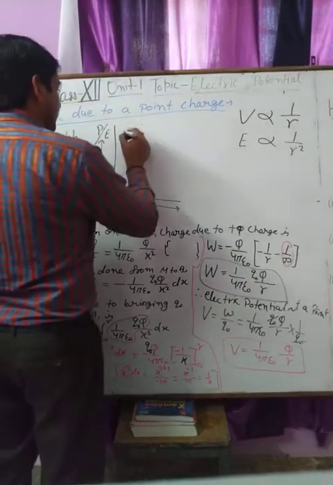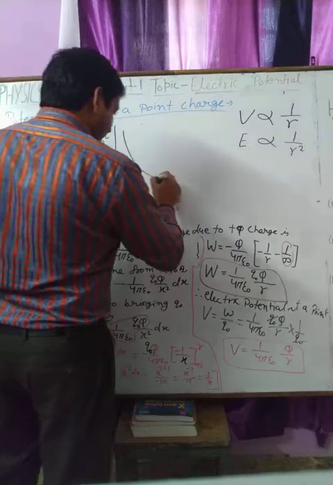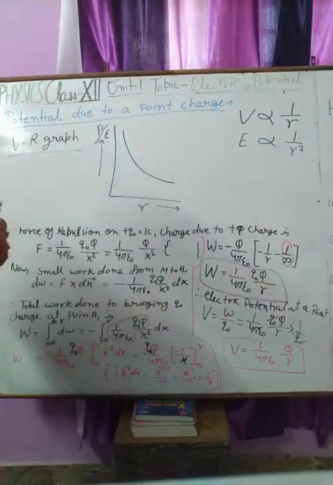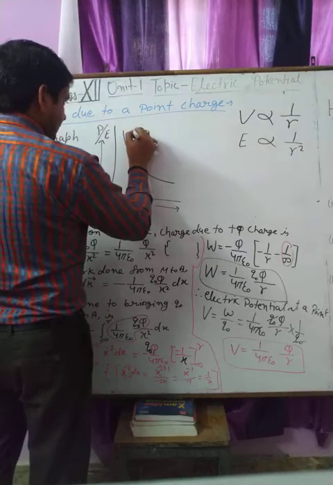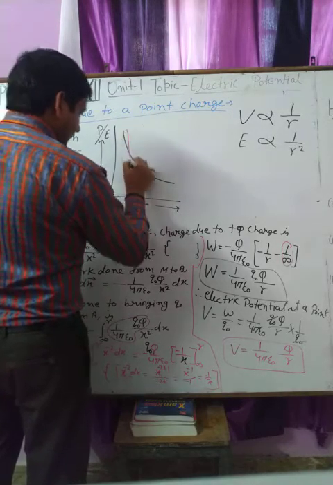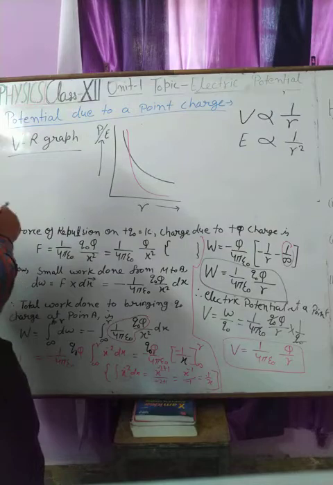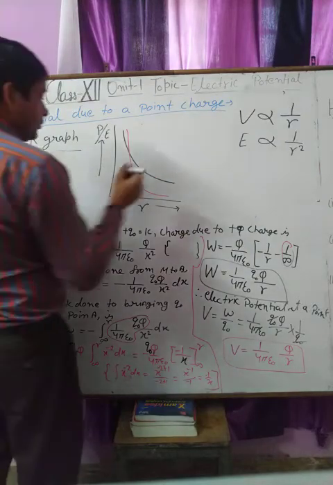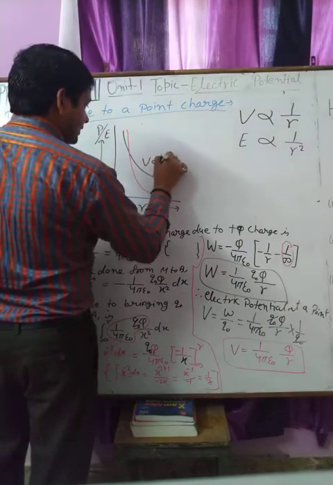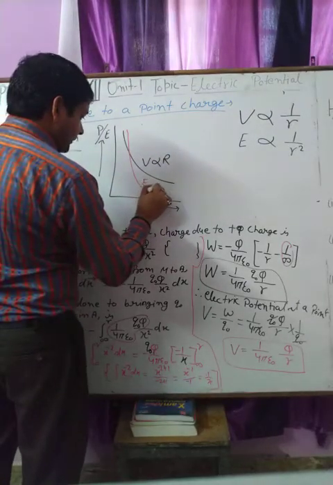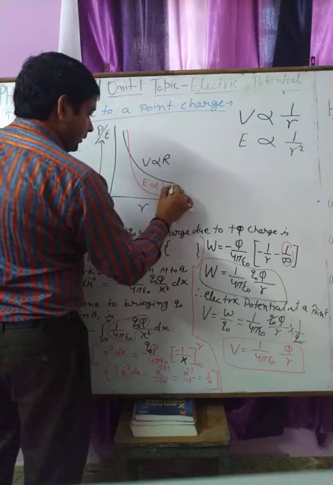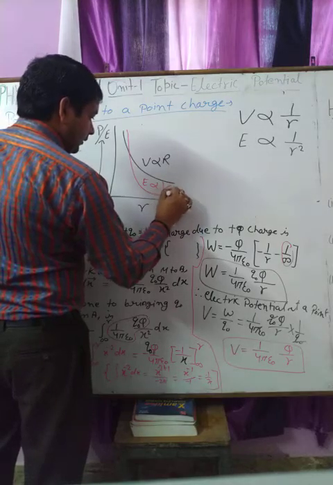We find the potential is depleted slower than the electric field. This is the depletion of the electric field. So this is V proportional to 1 upon R, and this is E proportional to 1 upon R square.